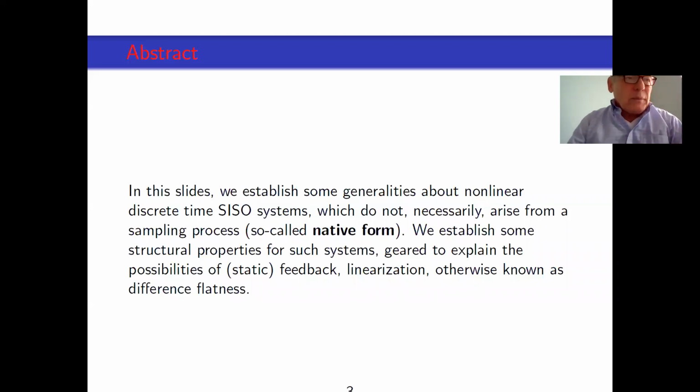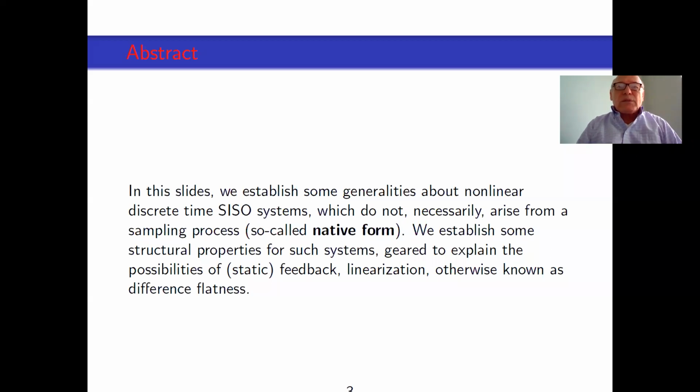So one of the fundamental issues that we want to tackle is how all these structural aspects of nonlinear systems work out for native discrete time systems. What we understand by native discrete time systems are systems which do not necessarily come from a sampling process, but are naturally discrete time because of the, quote unquote, physics of the problem.